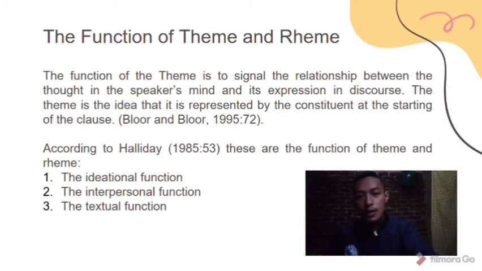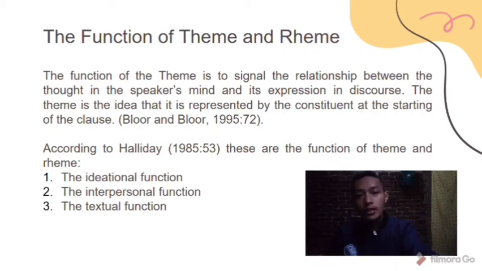That is, the speaker or writer chooses one element or another for thematic position based on the talk he wishes to express and how he or she wishes to connect that talk to the surrounding text. The theme is the idea that is represented by the constituent at the starting of the clause.